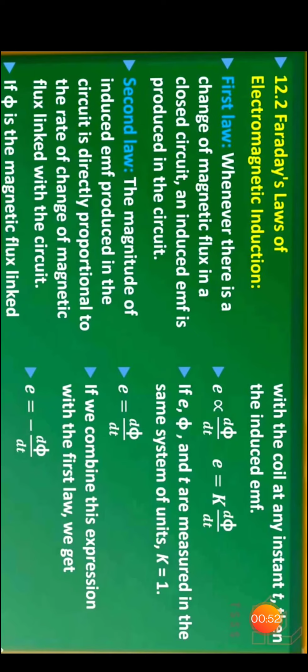Then, if phi is the magnetic flux linked with the coil at any instant t, then the induced EMF, that is E, is directly proportional to d phi by dt. Then we can get the equation E is equal to k d phi by dt.